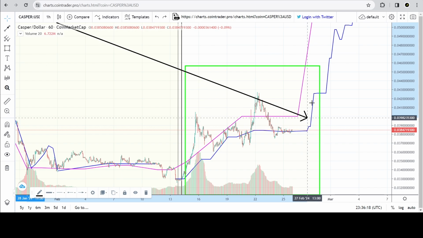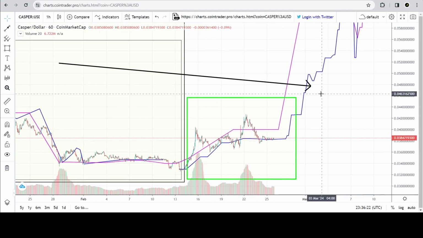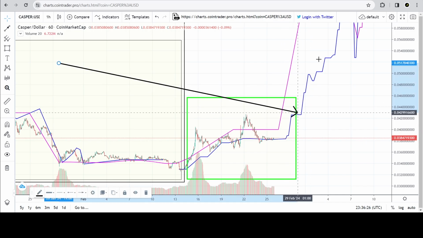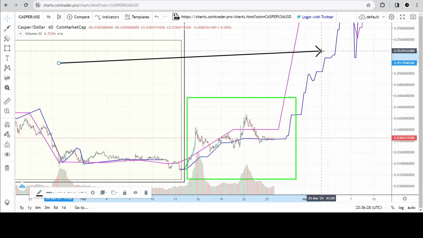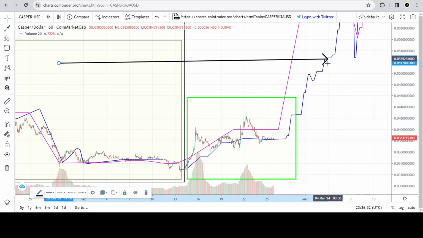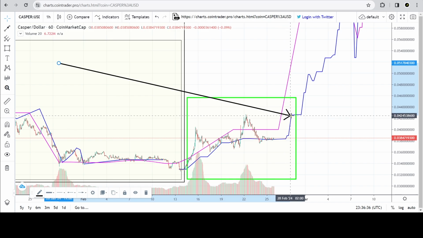Now, what about this right here? So this is the next part of the move up that we will go into. Now, it could be something that takes place very fast. However, we do see the same kind of choppiness that existed over here. So this could take longer than what is expected to play out.